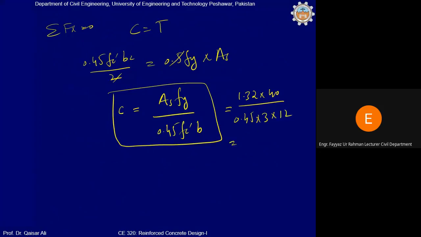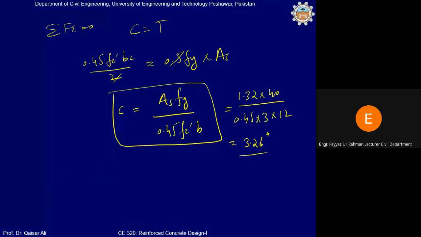Calculate the value of C. 3.26 inches. So now you can see that it is less than h by 2, which is equal to 9 inches.